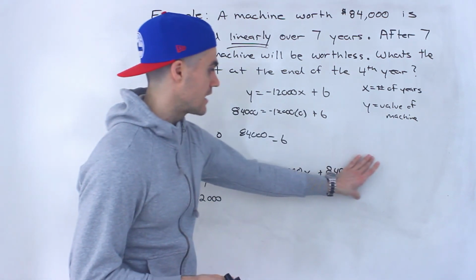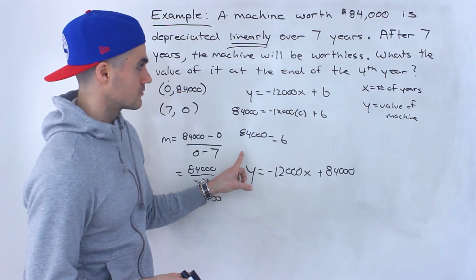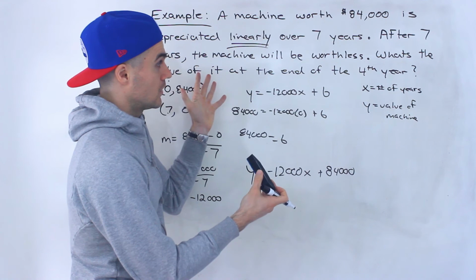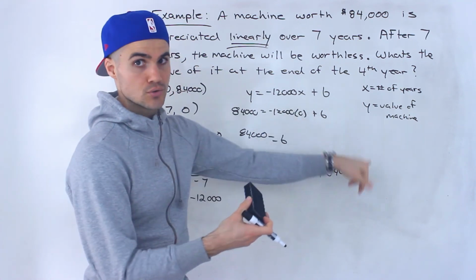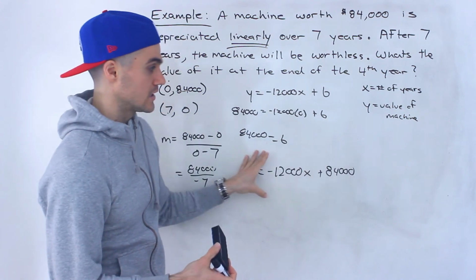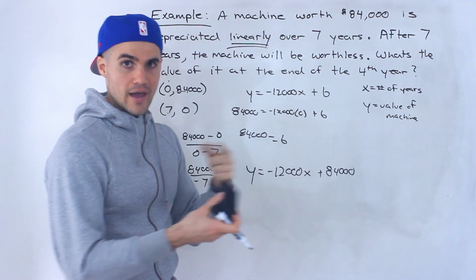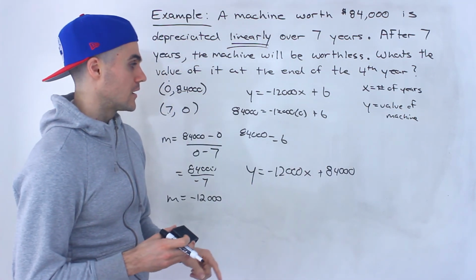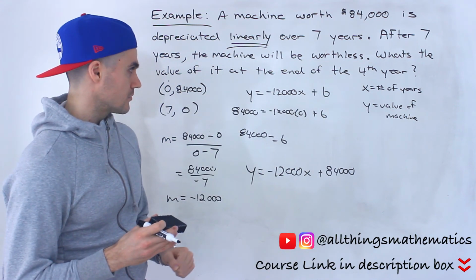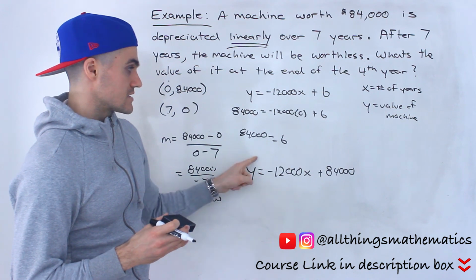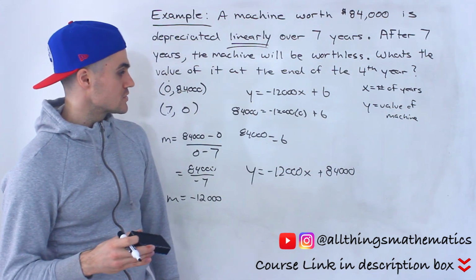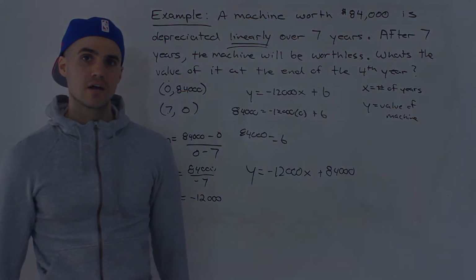So sometimes you could just get an equation like this, and then maybe if you're working with, let's say, a machine that was around for 102 years and there was a salvage value, you can get an equation like this and then solve for whatever you need with bigger numbers. So this can come in handy in those kinds of situations. But whichever way you do it for this question, 36,000 is the final answer.